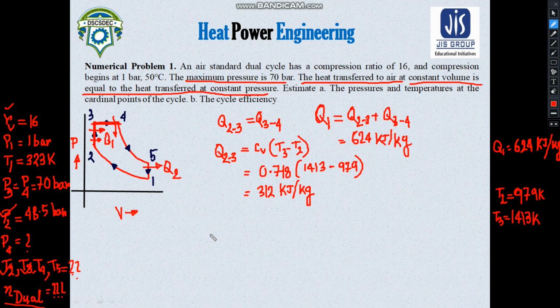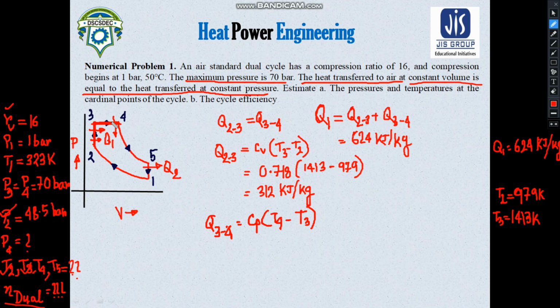Now coming to the Q3 to 4, we are bothered about the heat addition for the process 3 to 4. If you concentrate on the process 3 to 4, you will understand that it is nothing but a constant pressure heat addition. So what would be the formula? The formula would be simply Cp into T4 minus T3, right?